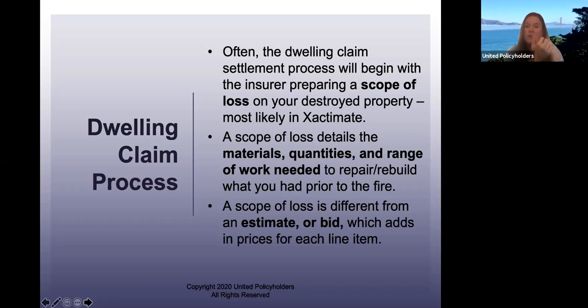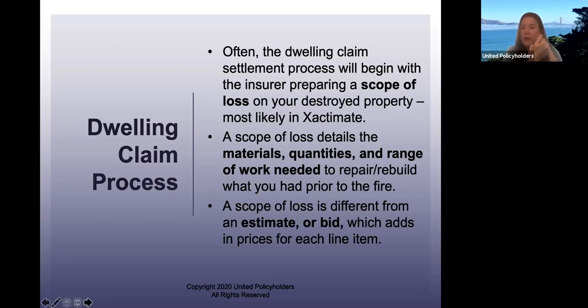It's either the fair market value of the home you lost right before it happened. So if they got an appraisal that tells you, okay, your house was worth $400,000 the day before the loss.